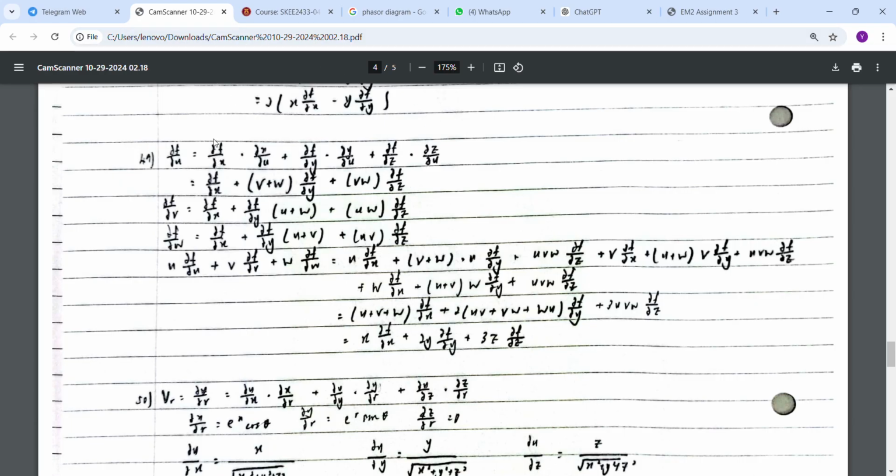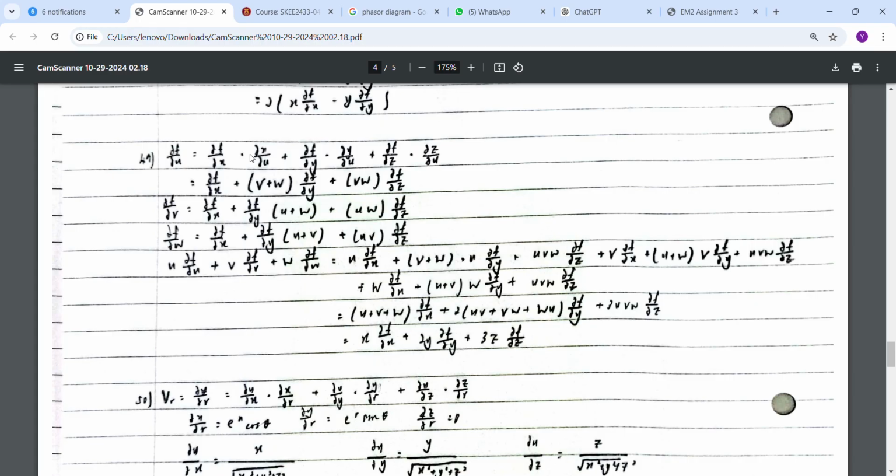So the formula is delta f per delta x multiplied by delta x per delta u, plus delta f over delta y multiplied by delta y per delta u, plus delta f per delta z multiplied by delta z per delta u.